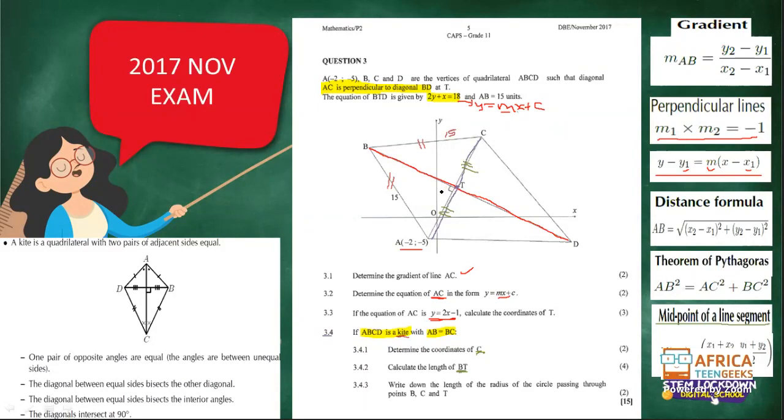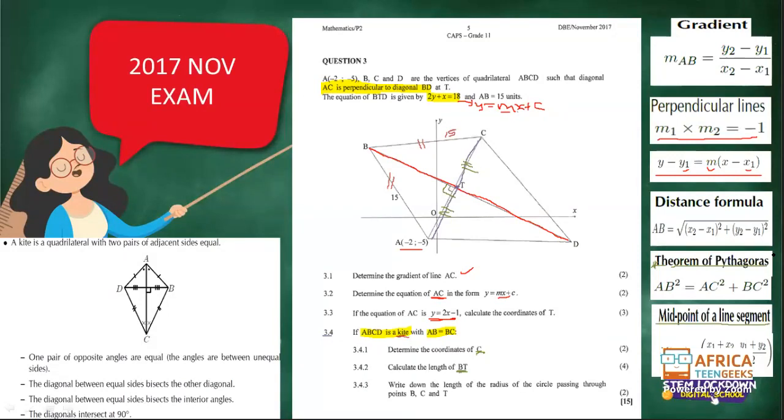And if you have a right angle triangle, you can use what? Theorem of Pythagoras. Remember, theorem of Pythagoras only applies for a right angle triangle. So if you didn't have a right angle triangle, you can't use theorem of Pythagoras.